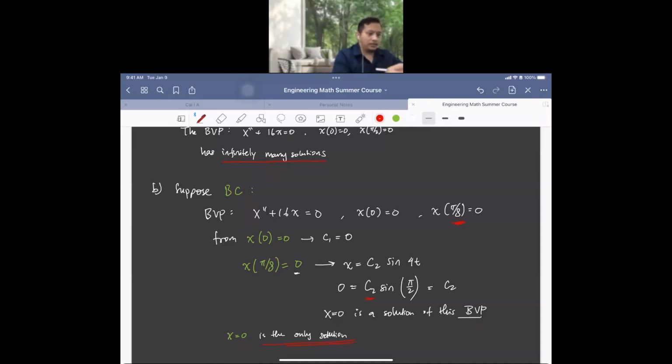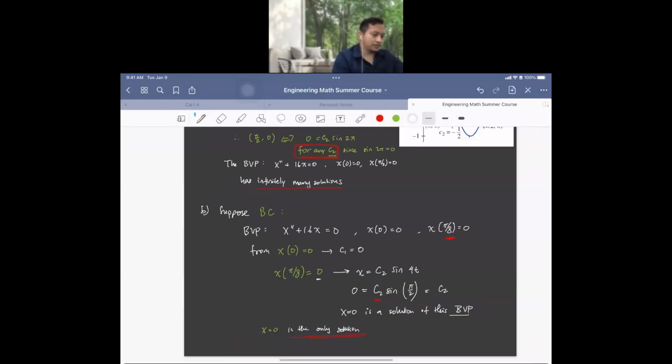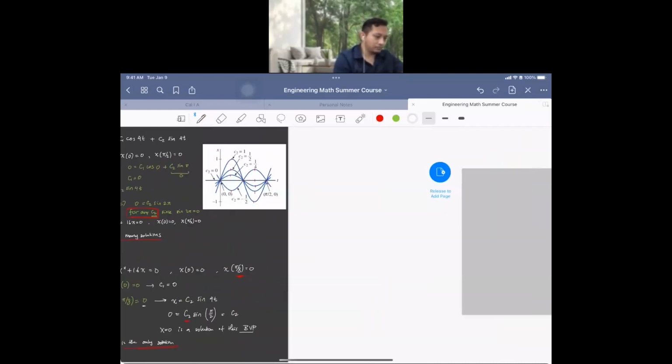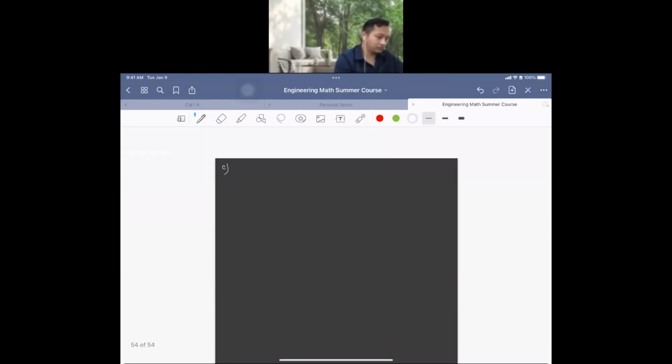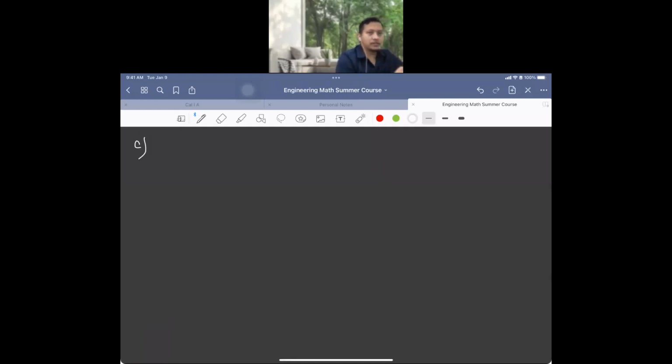Okay, now the third condition. We change the problem again. So BVP. Of course, from the first one we get that c1 is 0.